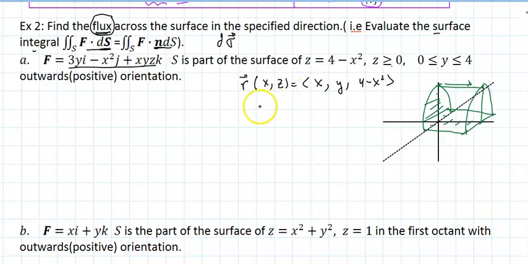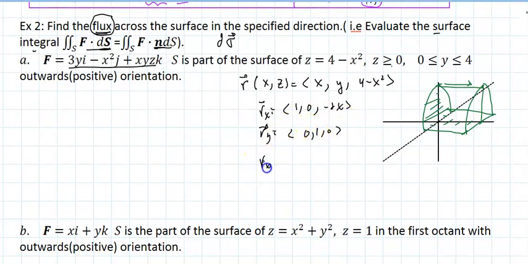And here what I'm going to do, I'm going to say, all right, what is r sub x? That is 1, 0, negative 2x. What is r sub y? You could use u and v, of course, if you like. I just think it's easier this way, but that's only me. That is 0, 1, 0.